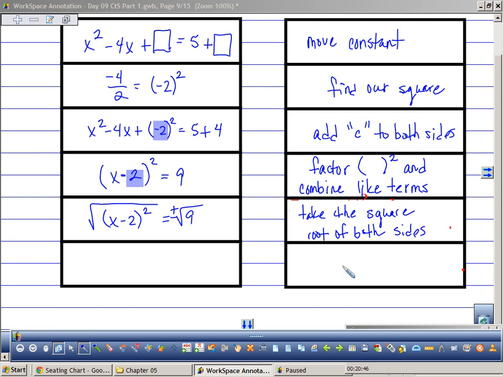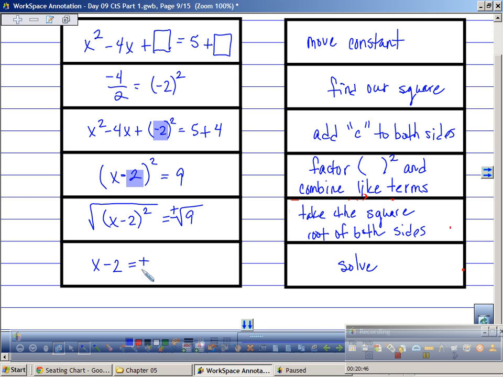And then finally, solve, which gives me x minus 2 equals plus or minus 3.